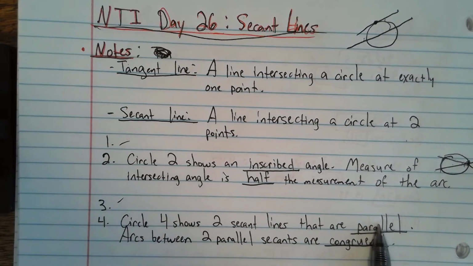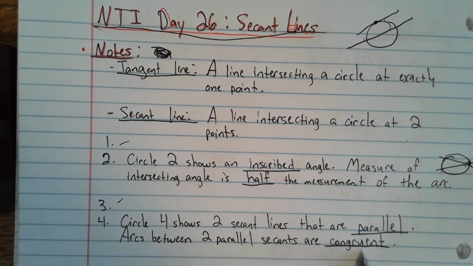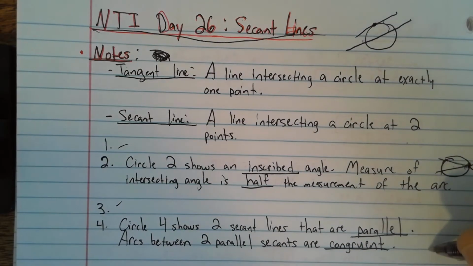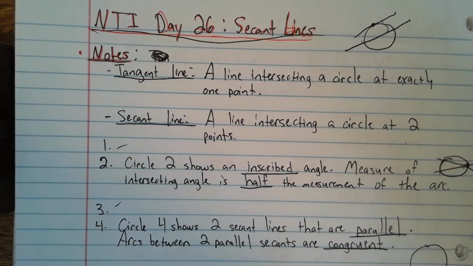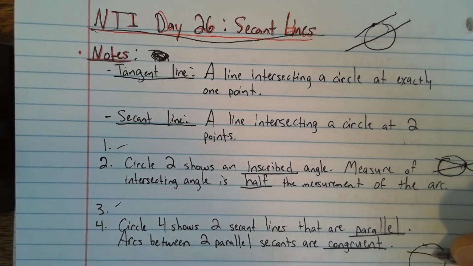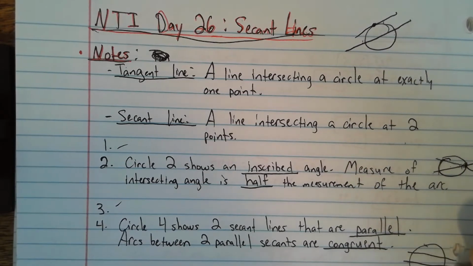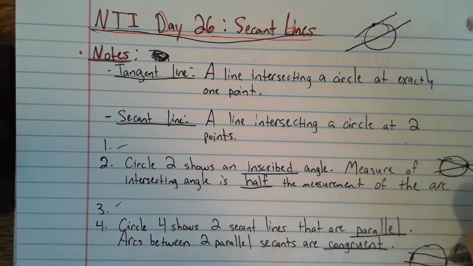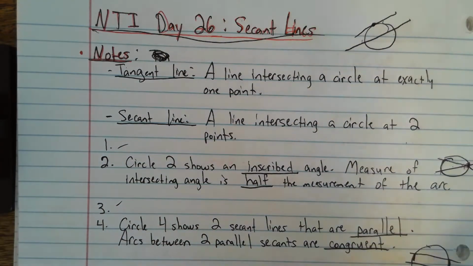We learned previously that arcs in between 2 parallel secants are congruent. And just to scribble real quick what that looks like, you have these 2 parallel lines. So these are parallel. And the arcs in between the parallel lines are congruent, meaning they're the exact same.